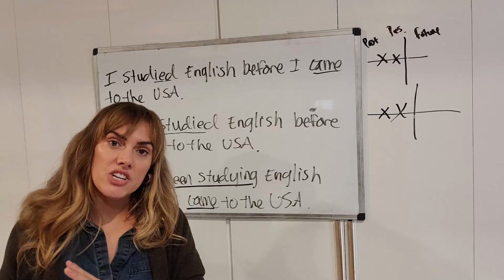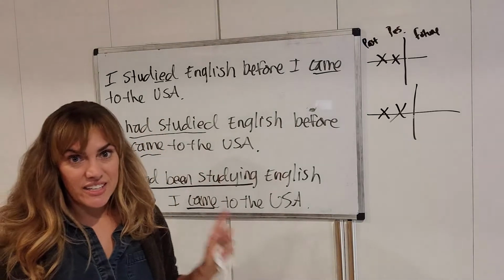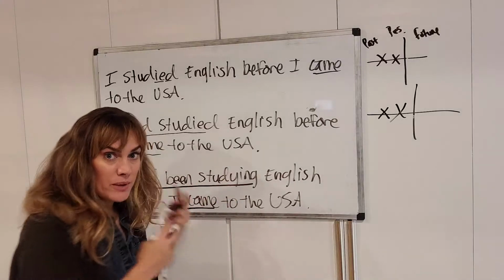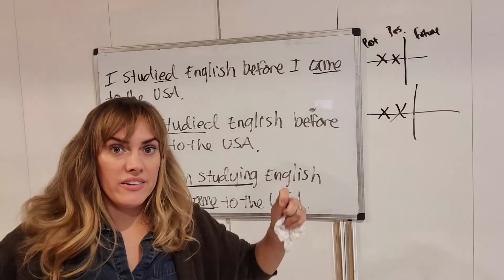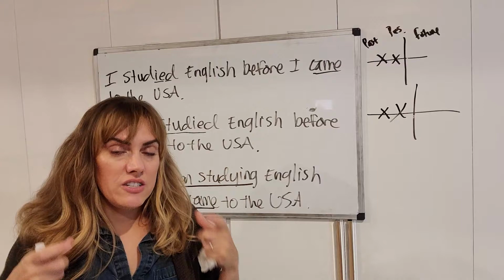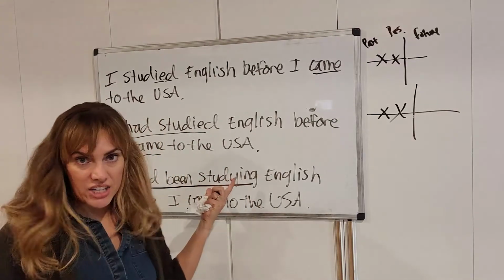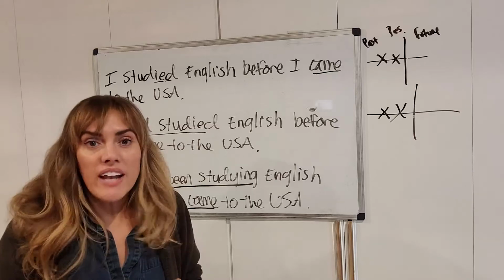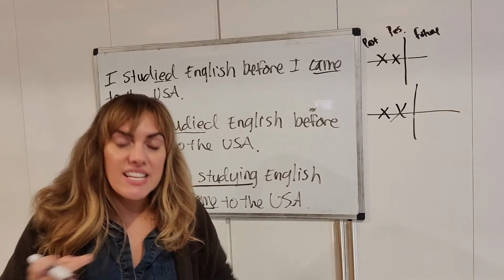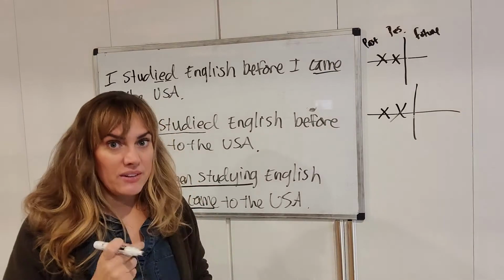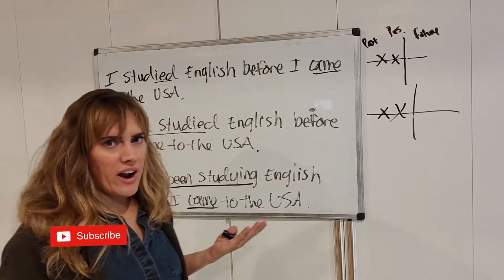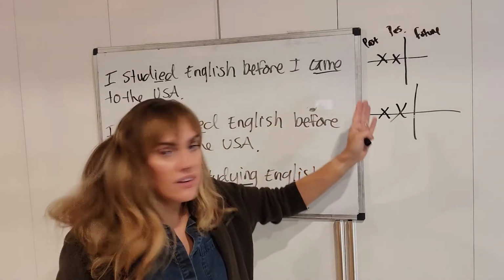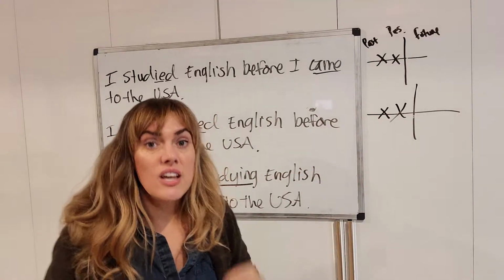They're both finished. But the difference here is that now we're focusing on this action being in progress for a while. And it's important to focus on this action because the writer or the speaker wanted to emphasize that that action happened for a while. Whereas here, you just say something happened before something else.